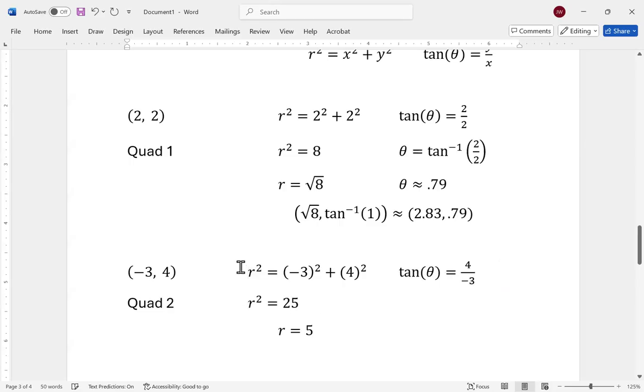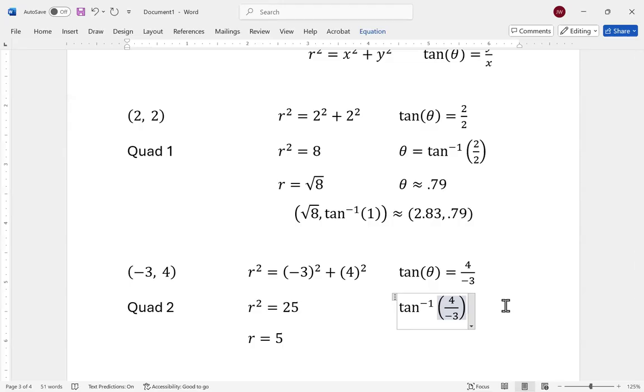Because of the nature of inverse tangent on our calculator, if I just did the inverse tangent of 4 over -3, that would give me approximately -0.93. -0.93 sends us into quadrant 4.